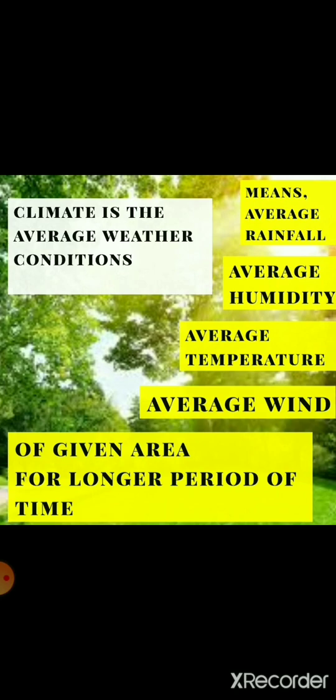Average is taken out after a long period of time, and here we take a time span of 30-40 years, like how the climate has been prevailing in that area for 30-40 years. From last 30-40 years, how the conditions had been there in that area.